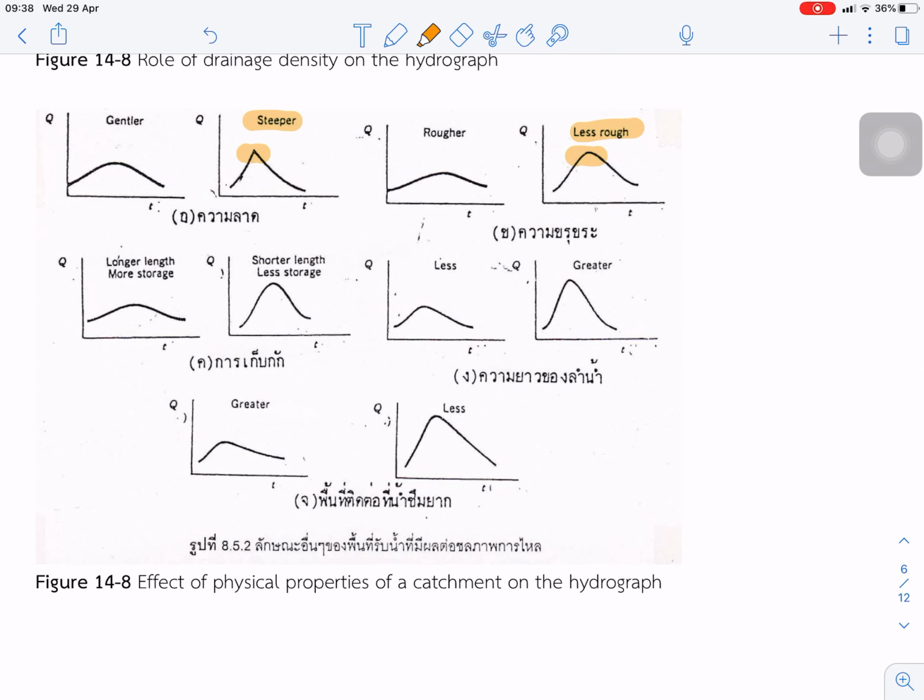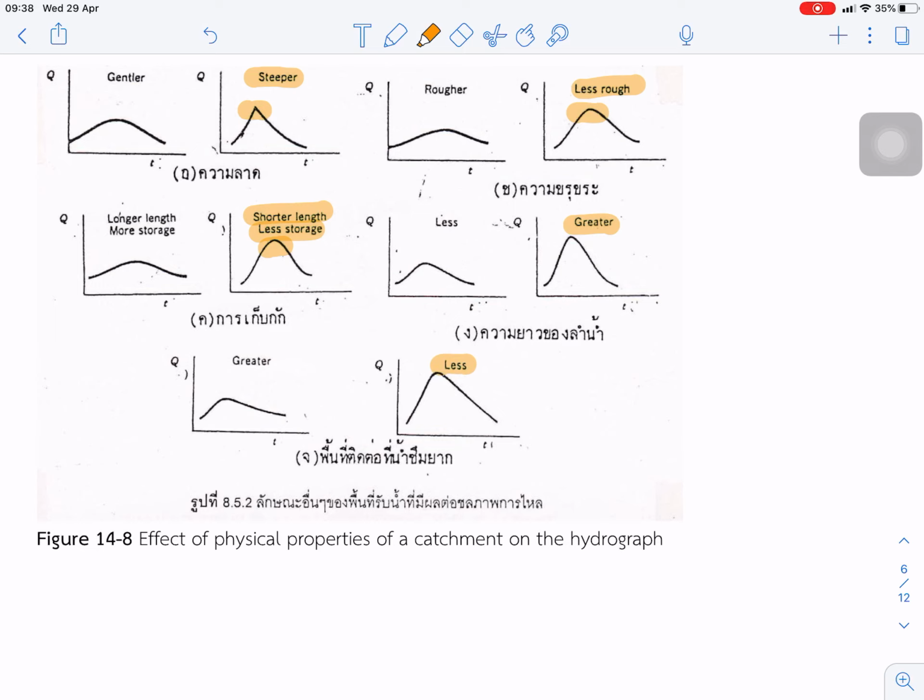For a short length and less storage, we expect a high peak. For a greater channel length, we expect a high peak. And for less infiltration, we expect a high peak.